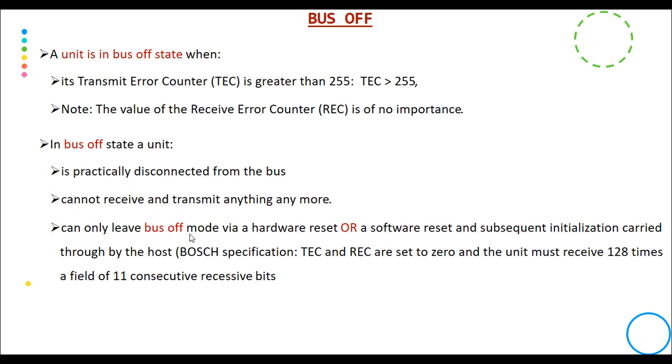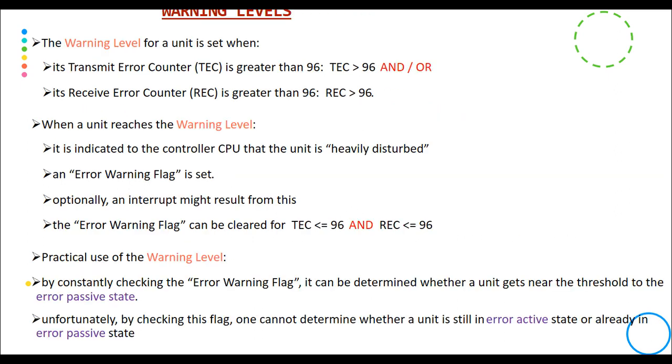A node can only leave the bus off mode via hardware reset or software reset and subsequent initialization carried out through the host. So in case of BOS specification, TEC and REC are set to 0 and the unit must receive 128 times a field of 11 consecutive recessive bits in order to move from bus off state to active error state. The next slide is about warning levels.